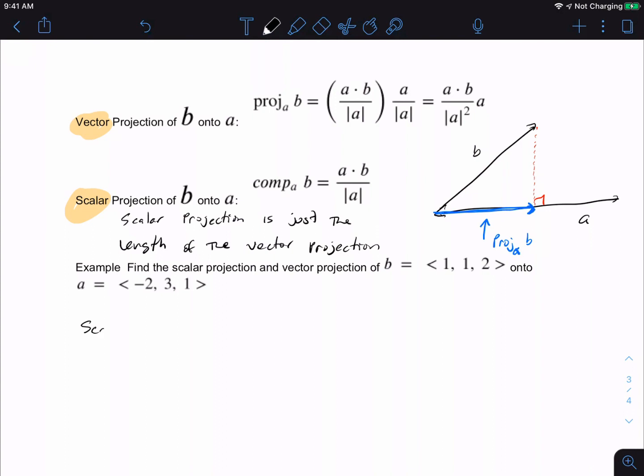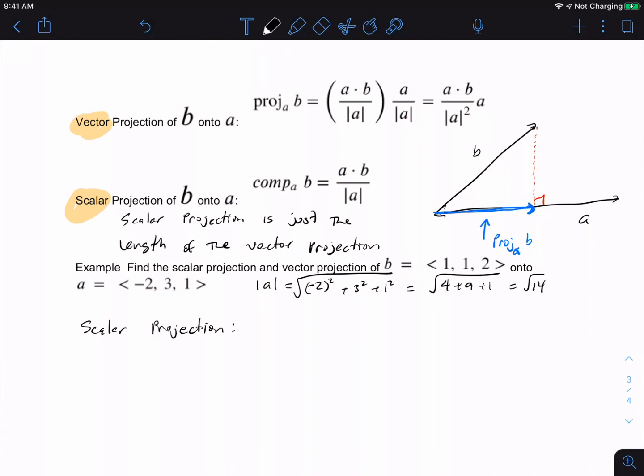So if I go after the scalar projection, one of the things that I should do is I'm going to find the magnitude of A. So the magnitude of A is going to be negative 2 squared plus 3 squared plus 1 squared. And that's going to give me 4 plus 9 plus 1 rooted, which is the root of 14.